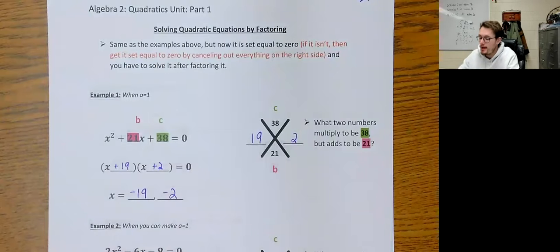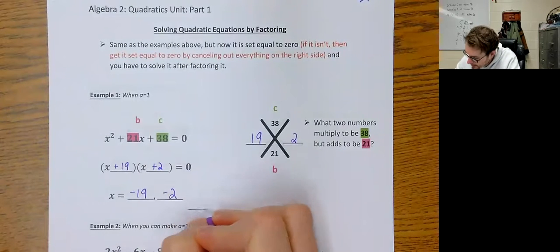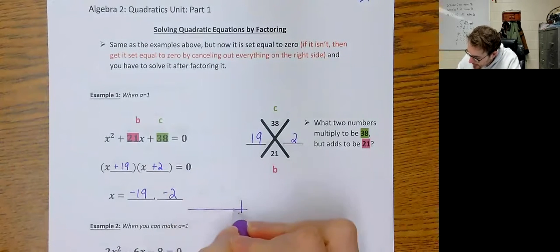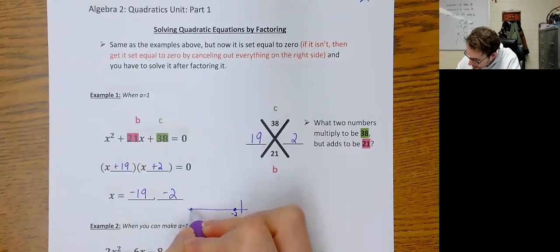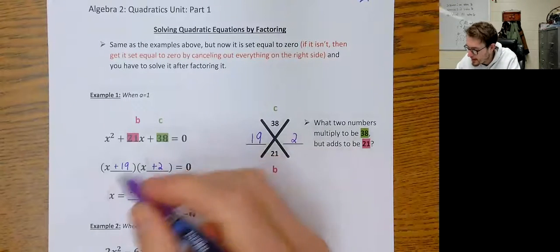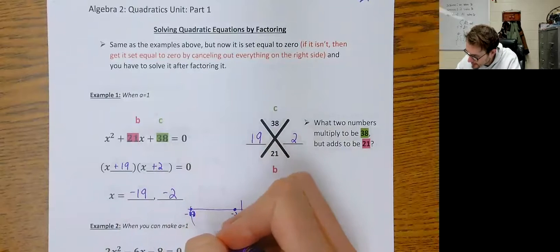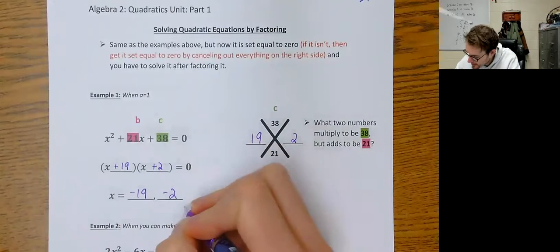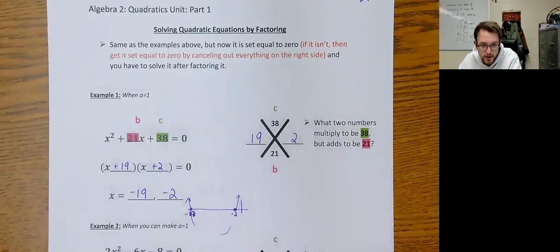So that means that on a graph, I would have an x-intercept at negative 2, and I'd have an x-intercept at negative 19. And this is positive, so it'd be going down somewhere. Right, so you get your parabola. So the solutions are the x-intercepts.